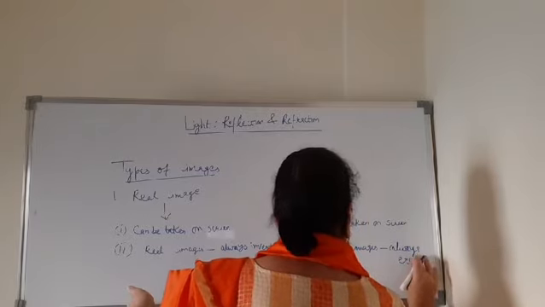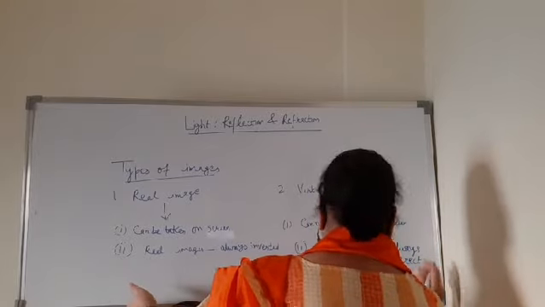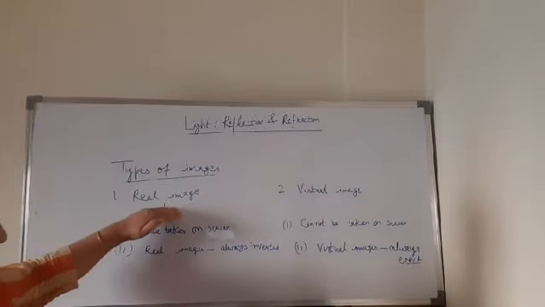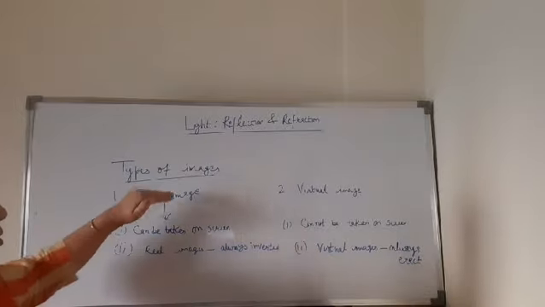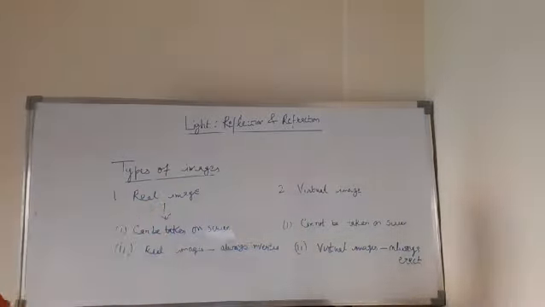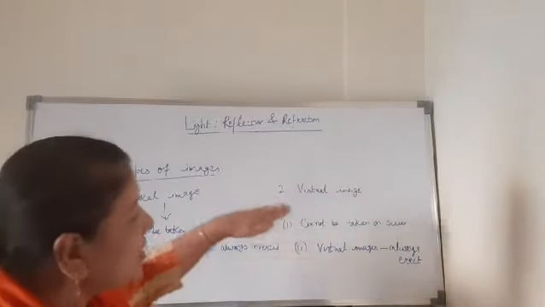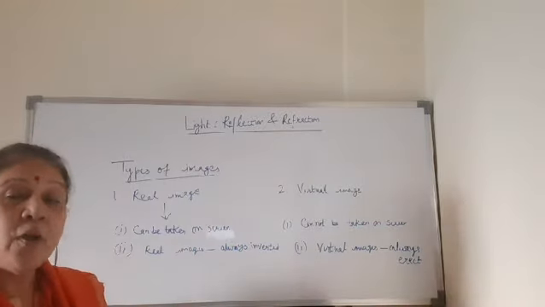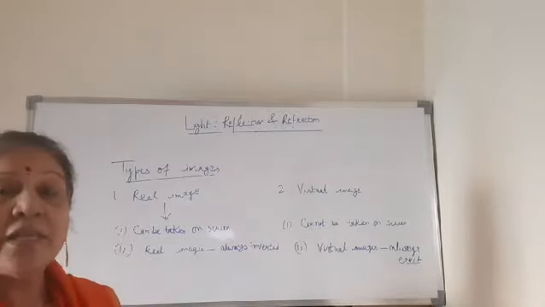So we have the types of images, real images and virtual images. The images which can be taken on screen are called real images and the images which cannot be taken on screen are called virtual images. Real images are always inverted, whereas virtual images are always erect. These two types of images we'll be talking about when we talk about the ray diagrams and all. I hope this is clear to you.